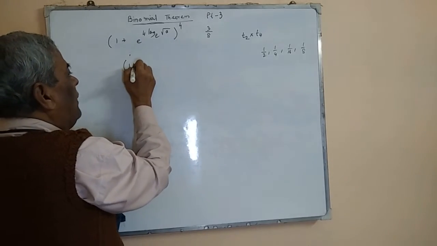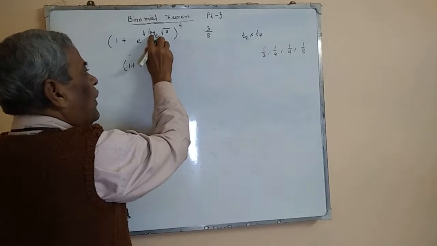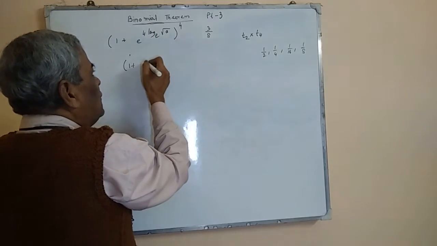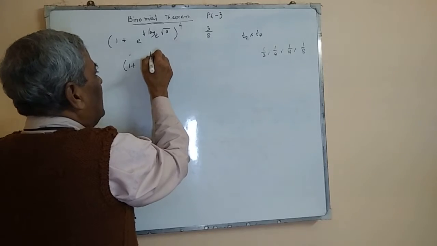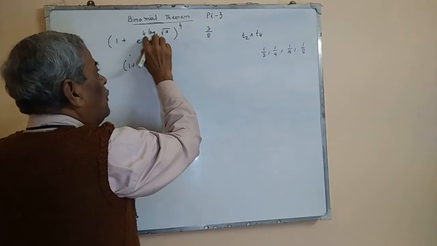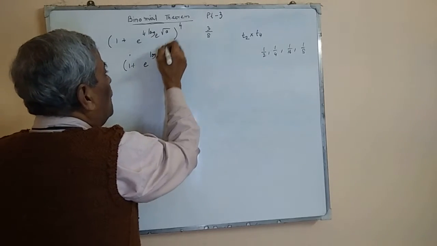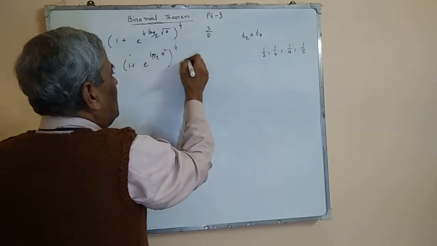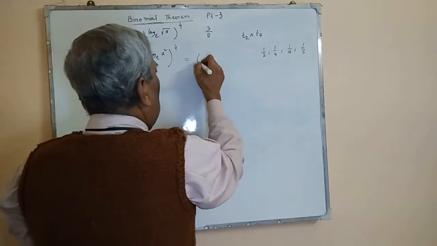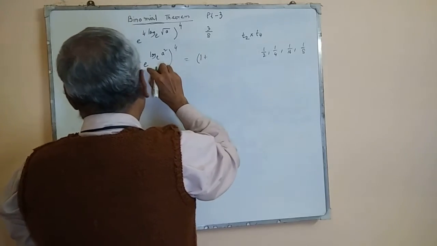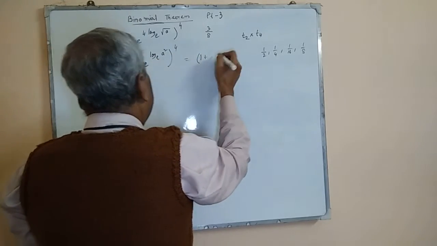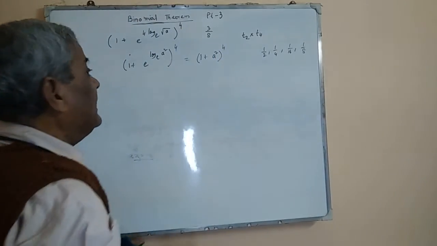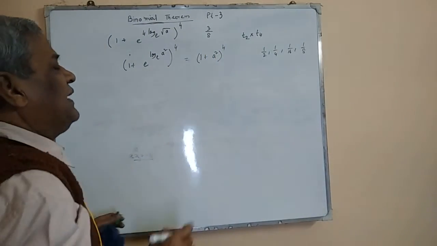It is 1 plus e to the power log base e root a to the power 4, that is a square, whole to the power 4. It is equal to 1 plus a square to the power 4, since the exponential and log cancel, and its third term is 3 by 8.